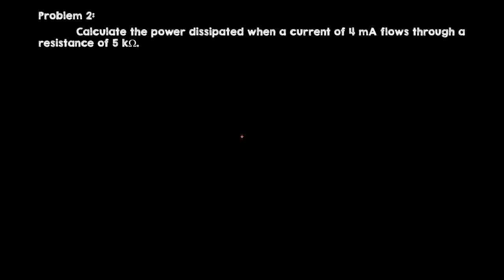Problem number 2. Calculate the power dissipated when a current of 4 milliamperes flows through a resistance of 5 kilo ohms. So we are looking for the power dissipated. And we have a current of 4 milliamperes and the resistance of 5 kilo ohms.